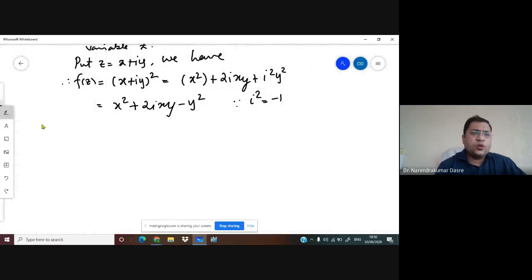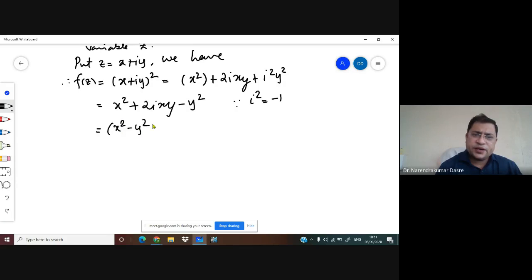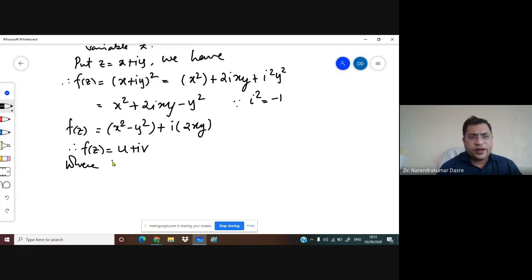Now I can write this as the terms without i and the terms with i: x square minus y square plus i 2xy. So this is going to be f of z, and hence I write f of z is equal to u plus iv, where u is equal to x square minus y square, and v is equal to 2xy.